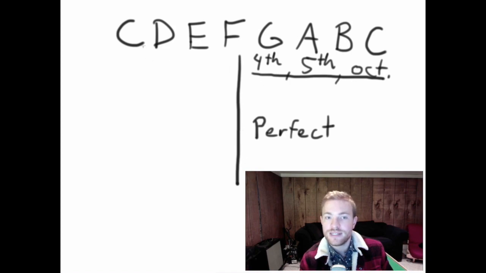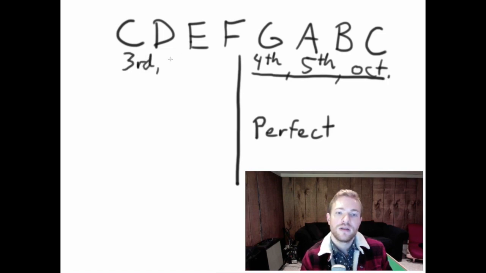So any other types of fourths, fifths, and octaves were going to be measured against this perfect fourth, fifth, and octave contained within that C major scale. And then on the other side, the intervals that were not considered perfect, well, they were still part of the C major scale, right? And they included the second, the third, the sixth, and the seventh.